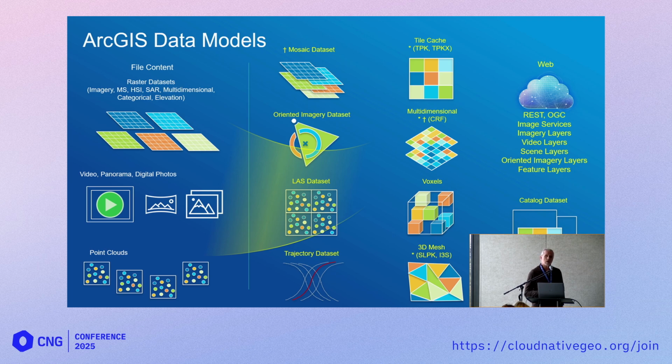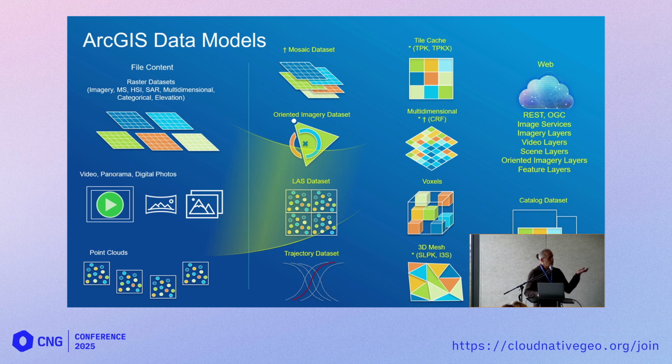Last data set is our point cloud model, where we can load individual point clouds and have that control, like we see with the Mosaic data set, over the whole thing. And trajectory data set, this is for things like laser altimetry, like the JEDI sensor on ISS. So heights on the Earth surface in linear measurements.